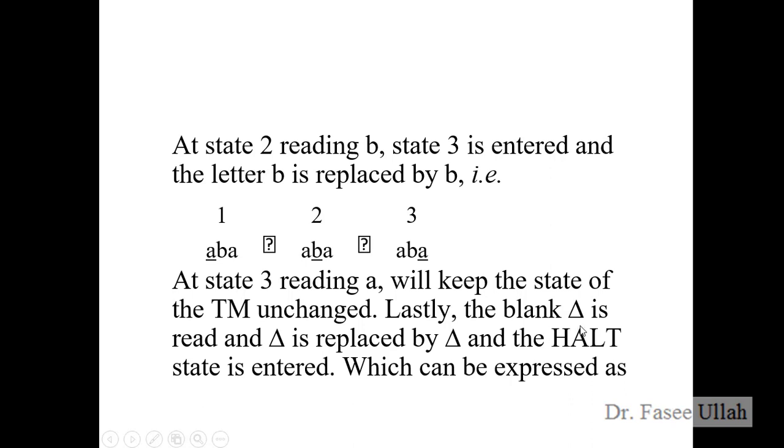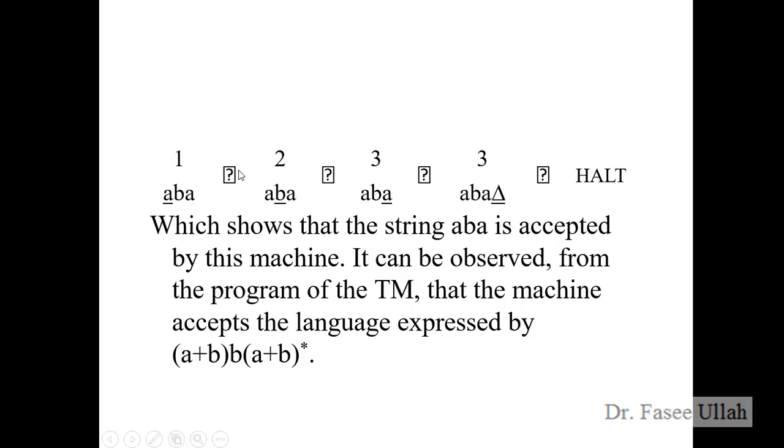Lastly, the empty or blank symbol is read, and this blank is replaced by blank, the empty state, which stops or halts the machine. We can say it reads the halt state, which can be expressed this way.